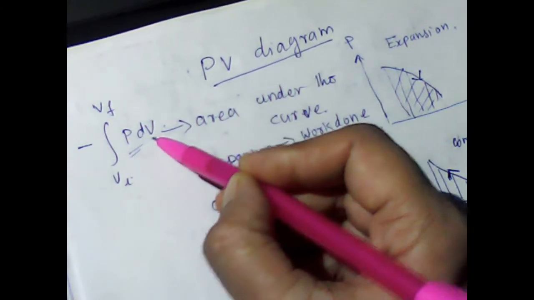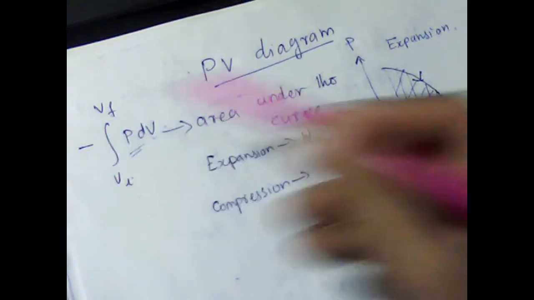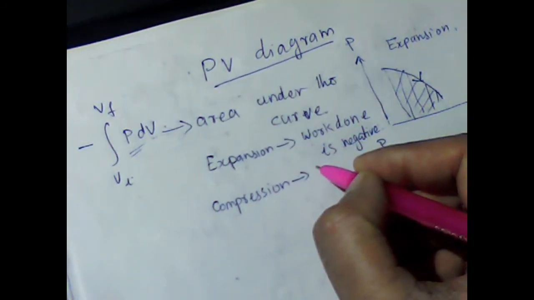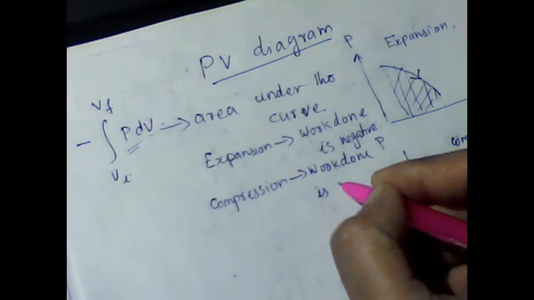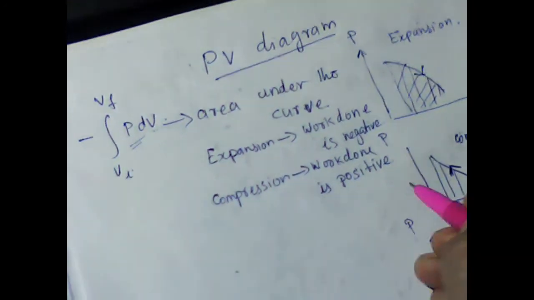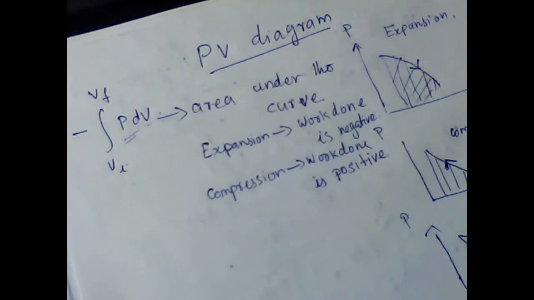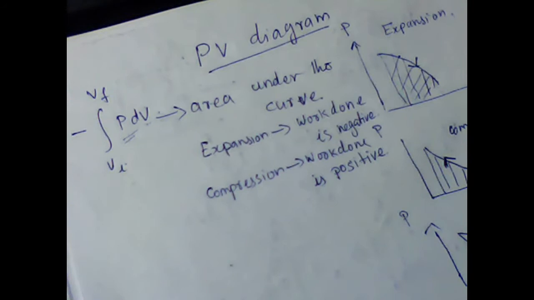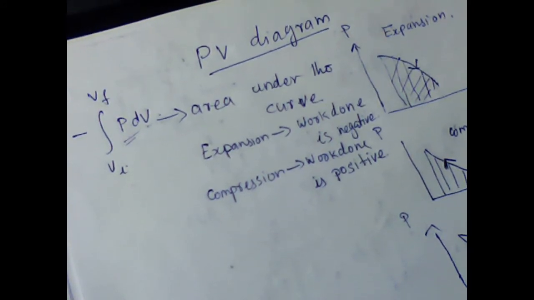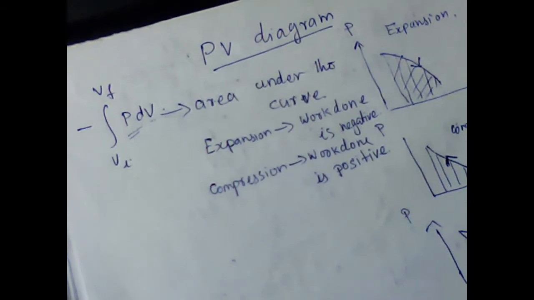Then with the minus sign in front, this will be positive. So for compression, the work done is positive. This also we mentioned earlier: if the work is done on the system, the energy of the system is increasing, so the work done will be a positive quantity.